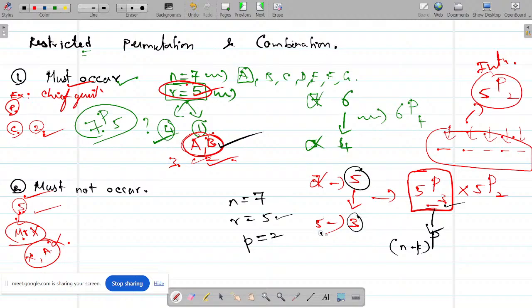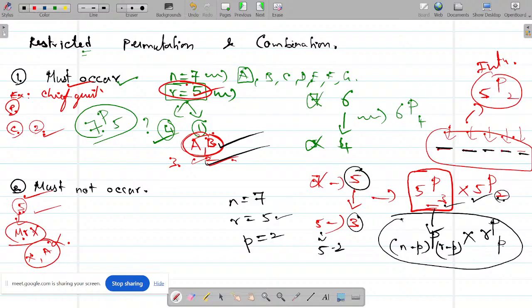This 3 is 5 minus 2, am I right? So this is R minus P. Into, what is this 5? This is R. See, this 5 is the 5 tables or the 5 chairs. So this is R. And P, what is this 2? This A and B are 2. So this is P. This is the formula.